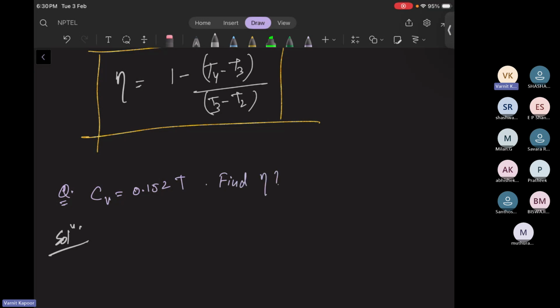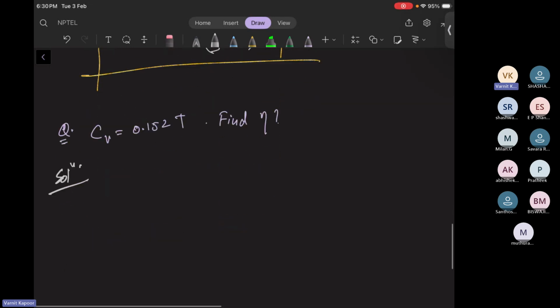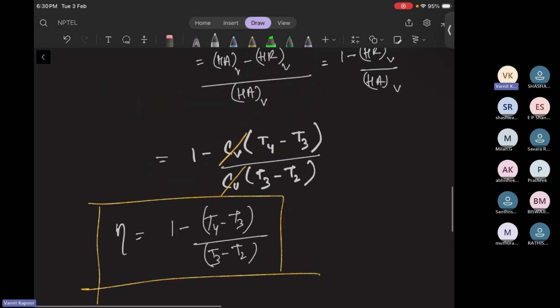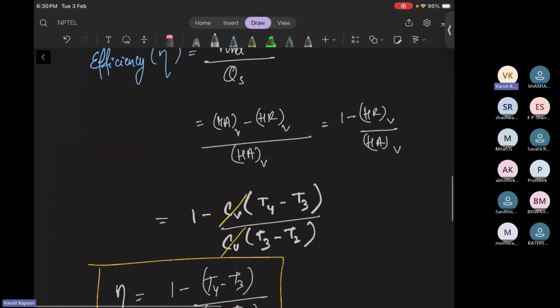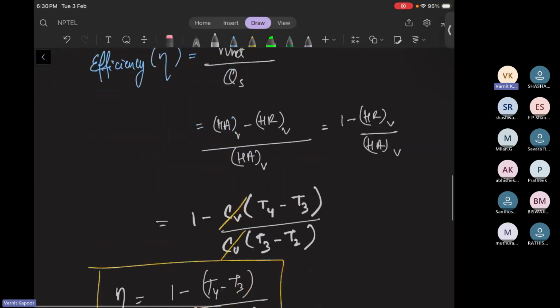How will it be? In the same formula, efficiency is nothing but 1 minus heat rejection to that of heat addition. Heat rejection is the integration of Cv dT from 1 to 4, T4 minus T1.